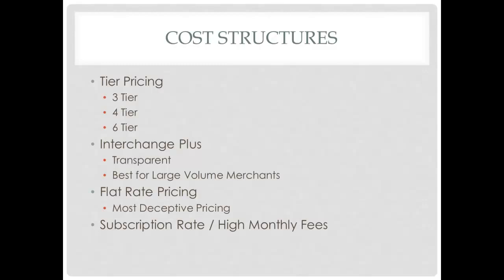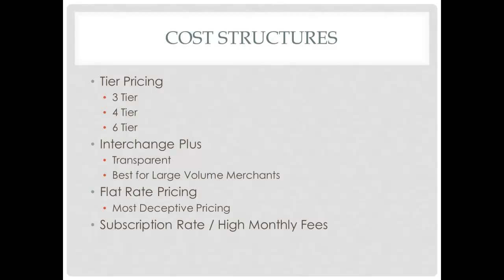Now, what is 6-tier pricing? Well, let me go back to 4-tier pricing for just a second. On 4-tier pricing, you have one mid-qualified rate and one non-qualified rate that applies to check cards and credit cards that are mid or non-qualified. Now, it is very unusual to have a non-qualified check card, but it does happen.